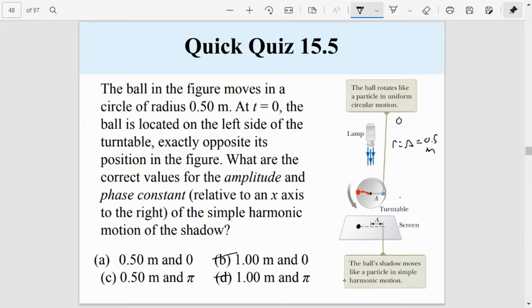Now remember that the phase constant for the shadow is equal to the initial angle of the circle. And for the initial angle, we say we start all the way to the left. So initially, always measuring the angle from the positive x-axis, we start off at 180 degrees, or in radians, that'd be pi. We generally default to radians when we work with these equations. So our answer would be C.